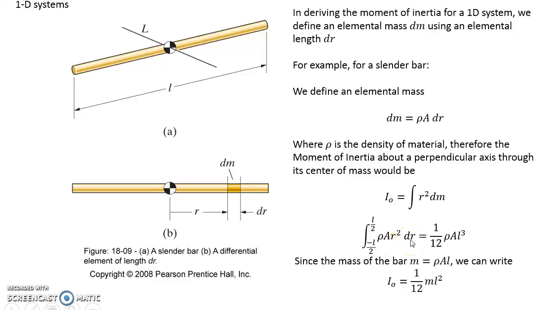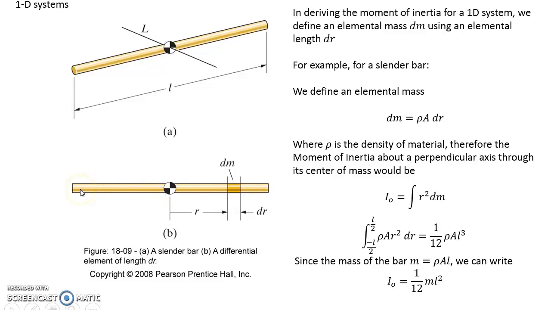Now if I'm looking at an axis in the center, an axis that is perpendicular to the plane of the presentation, coming out of the plane or going into the plane, either way it's perpendicular, my elemental mass would go from this side all the way to that side, or vice versa.